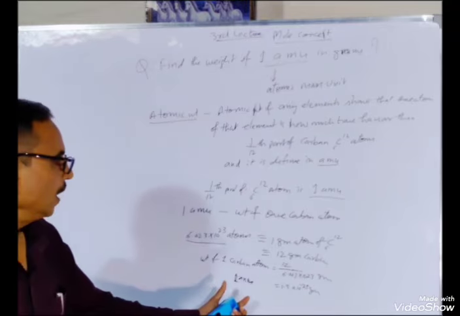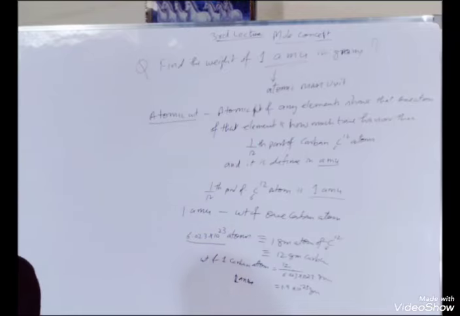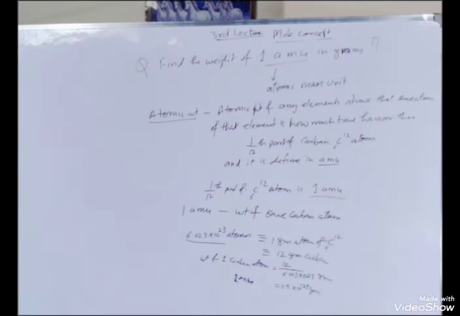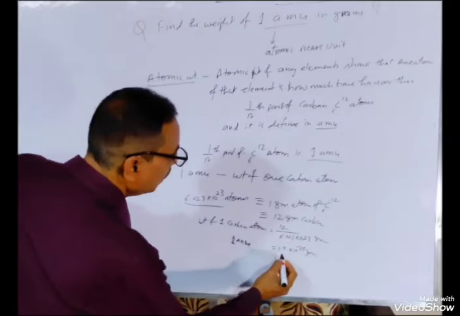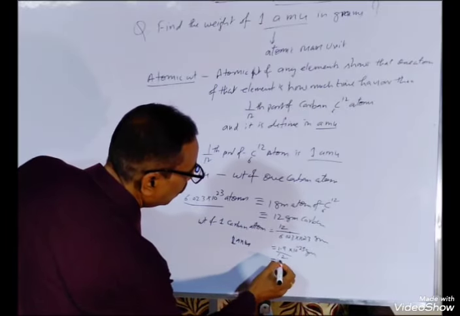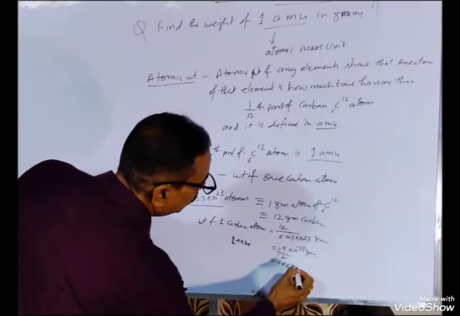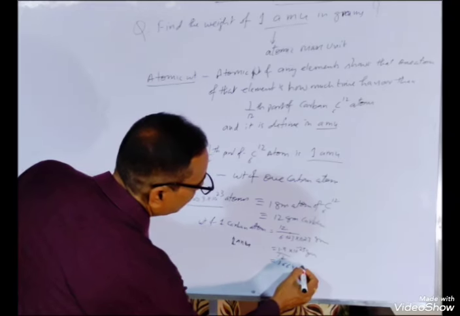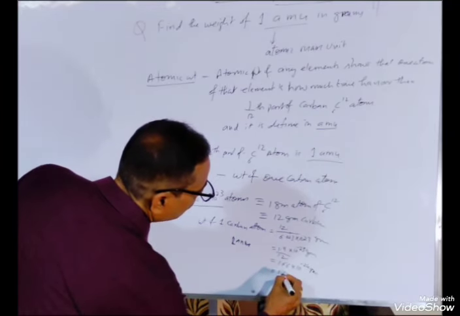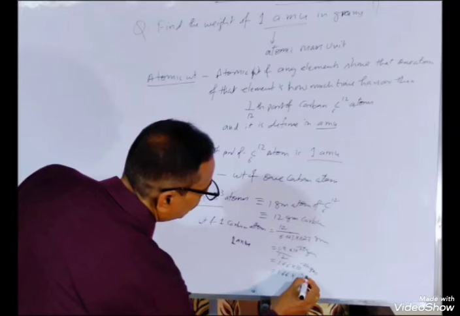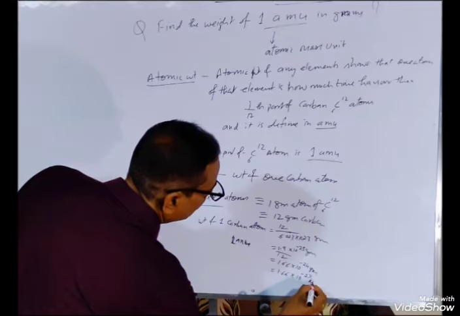So this is the weight of 1 AMU in grams. So 1 AMU, divided by 12 part, equals 1.66 into 10 to the power minus 24 gram and 1.66 into 10 to the power minus 27 kg.